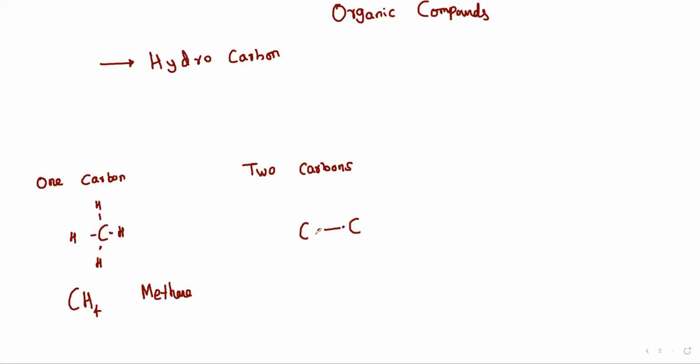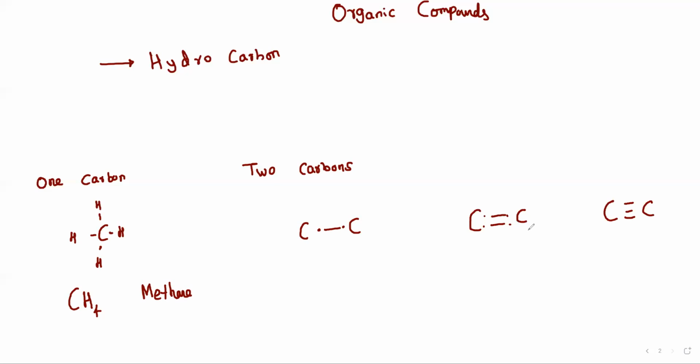But in the sharing process, they can share 1 electron, or they are able to share 2 electrons at a time, and they are also able to share 3 electrons at a time. So these 3 kinds of sharing are possible when carbon and carbon are joined together. Do you get the point?